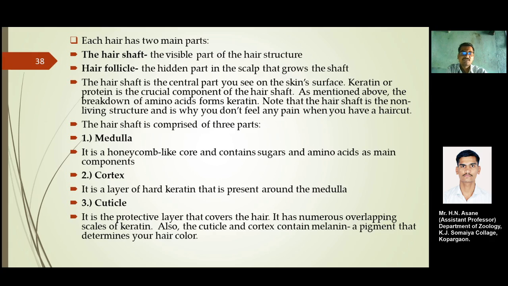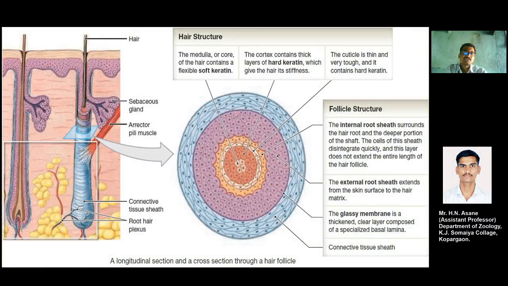As you can see, some foreigners have natural reddish hair, or white hair, and some have black hair colors. Okay, so as you can see the structure of a hair. On the surface, you can see at your left, the diagram showing you the sebaceous glands.